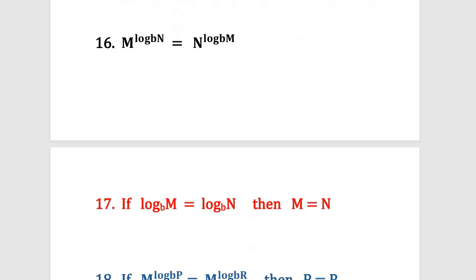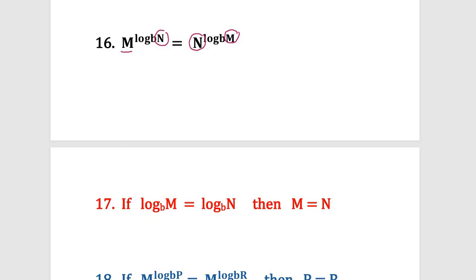Formula number 16, m to the power log b base n equals n to the power log b base m. In this case, m goes to the number of the second log, and the number of the first log goes as n on the right side.